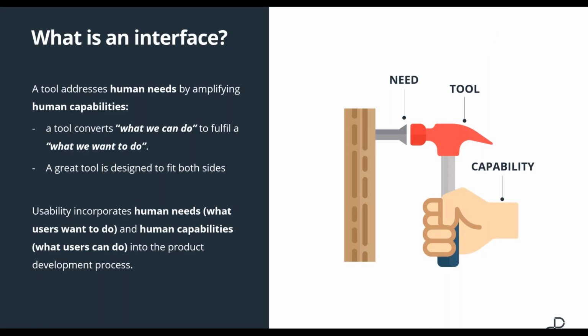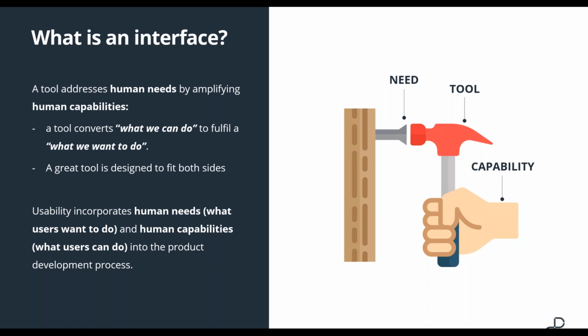Looking at usability at a high level, any tool, product, service, whether medical or not, its aim is to address human needs. The way it does that is by amplifying and complementing our human capabilities. This tool or product or device converts what we can do with our capabilities to fulfill what we want to be able to do.